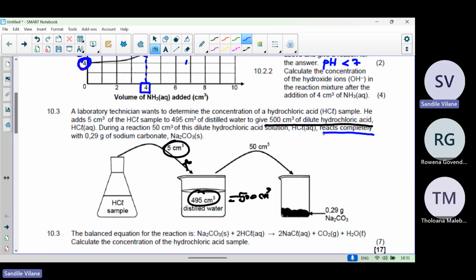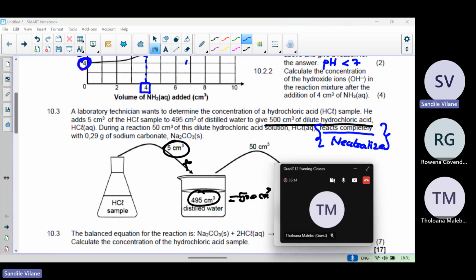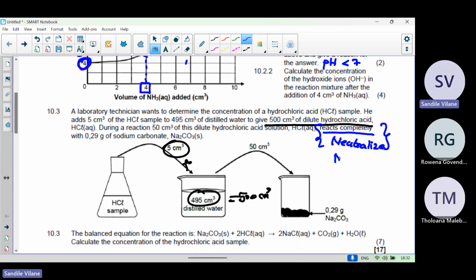The other phrase for reacting completely is neutralization or neutralizes. React completely and neutralize have a common thing. What is that common thing? There is no excess reagent, no limiting reagent or excess reagent.